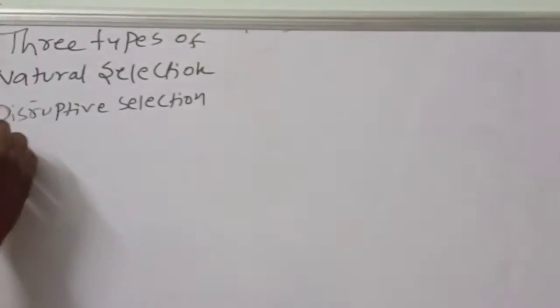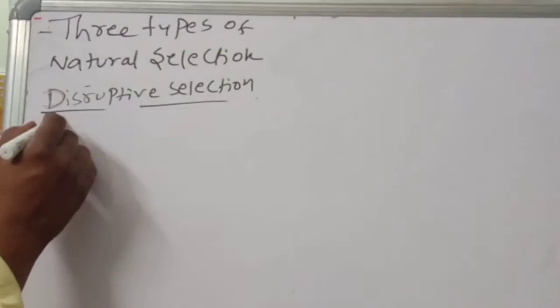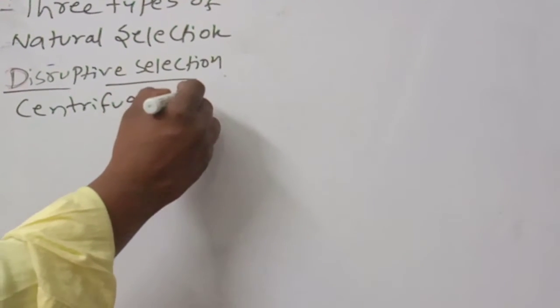What is the meaning of disruptive selection? Observe very carefully. It is also called centrifugal selection.